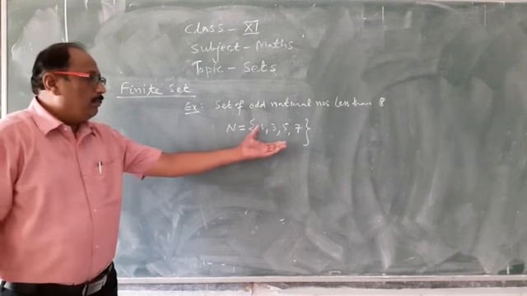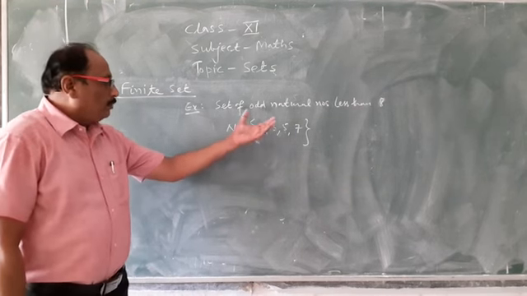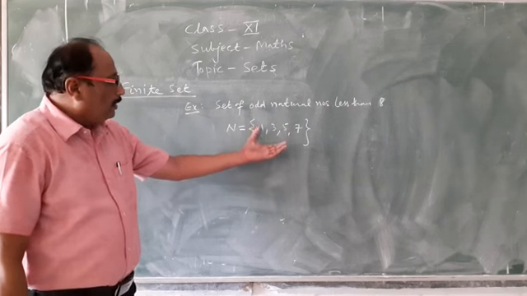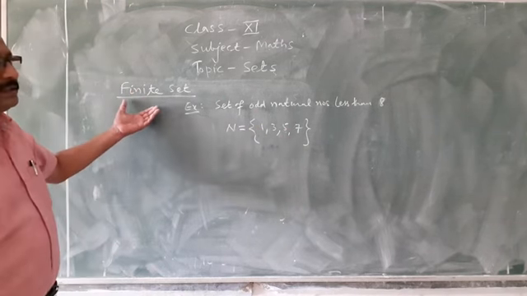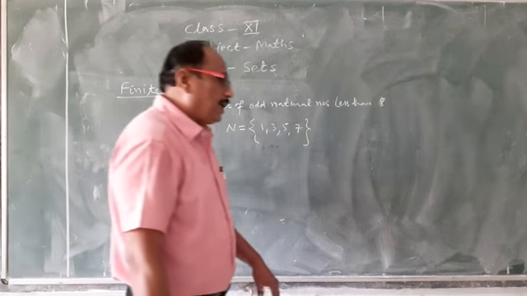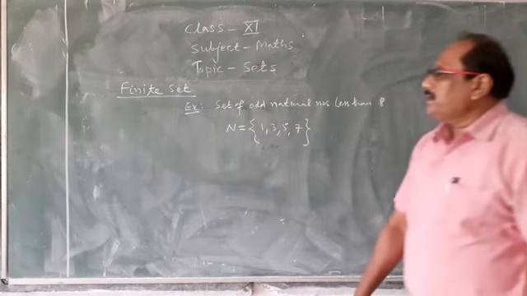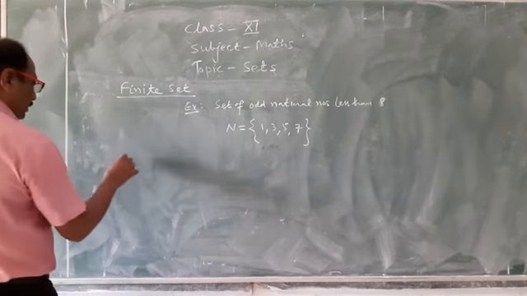Only 4 elements are there. Means the number of elements is finite, the number of elements is countable. Means a finite set is a set in which elements are countable.